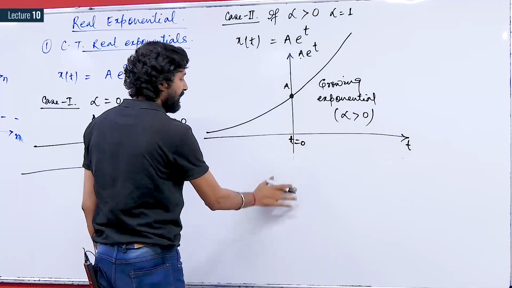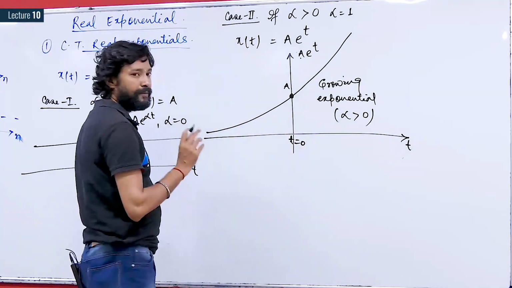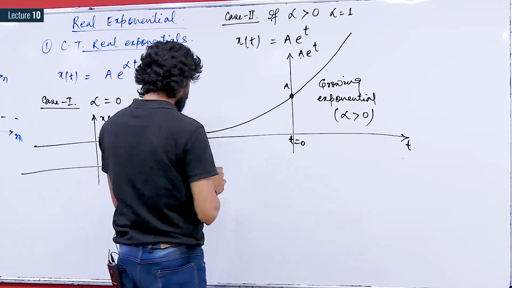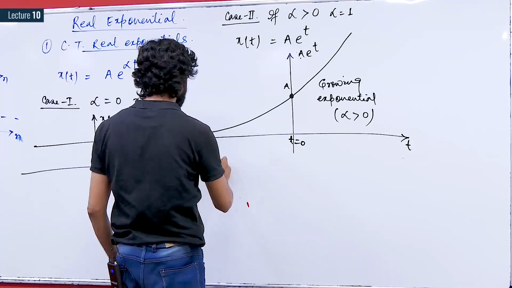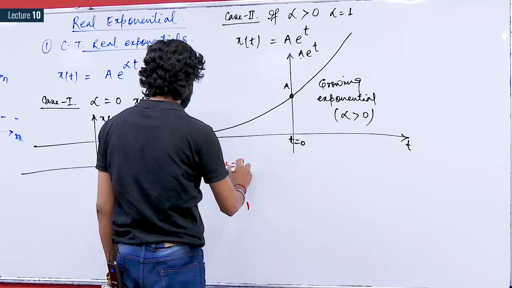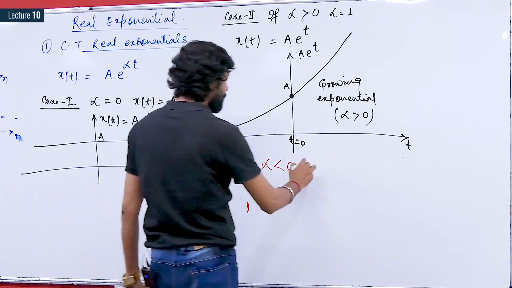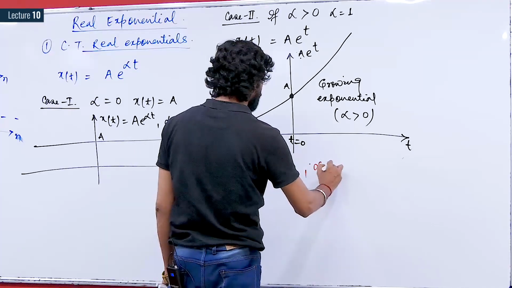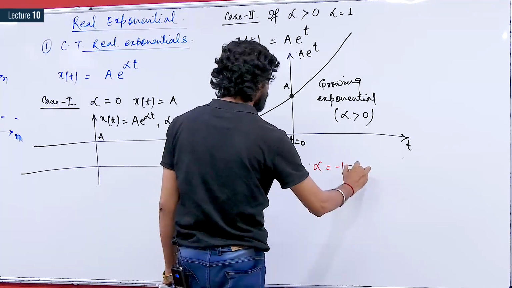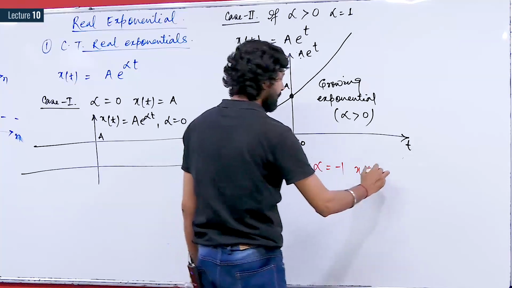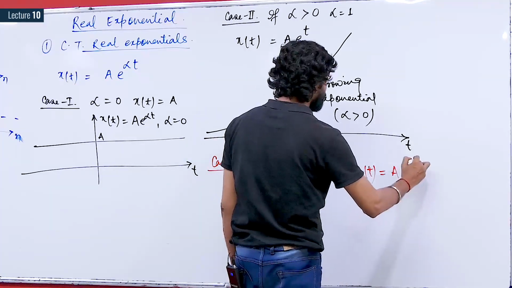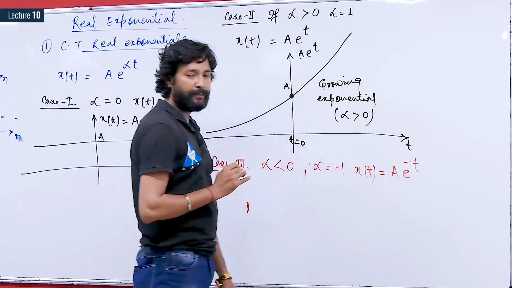Now if we take the same exponential, a e to the power alpha t, in the third case, case 3, that is if alpha is less than 0, that is if alpha is negative, let's say alpha is equal to minus 1. So signal x of t is what? In this case, signal x of t is a e to the power minus t. We have substituted the value of alpha to be minus 1.